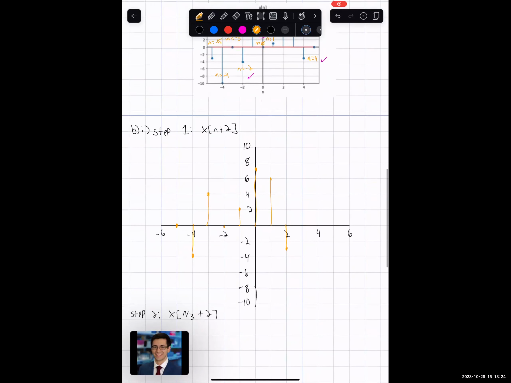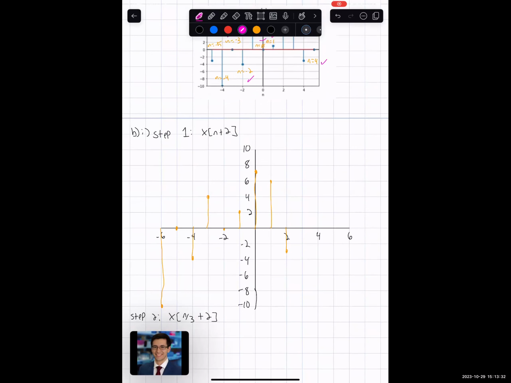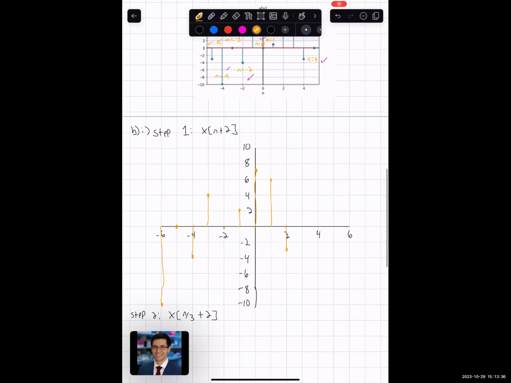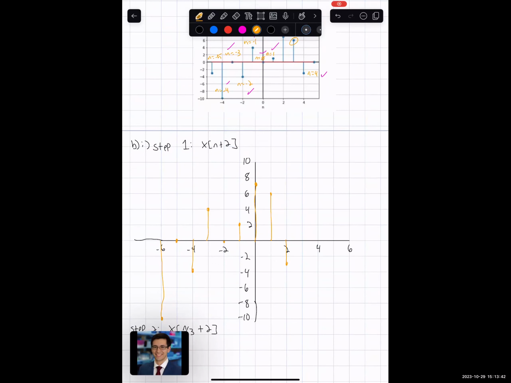And then at -10, amplitude for this one. So we just did this one. And then -5 becomes -7. And that's at -3. Everyone feeling pretty good so far, guys? Any questions?